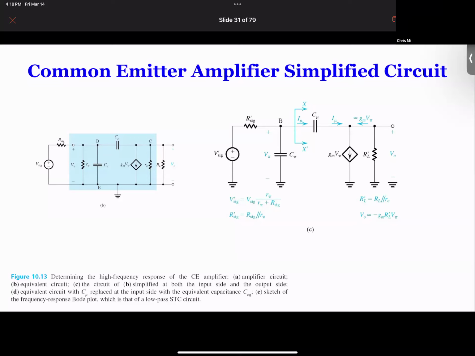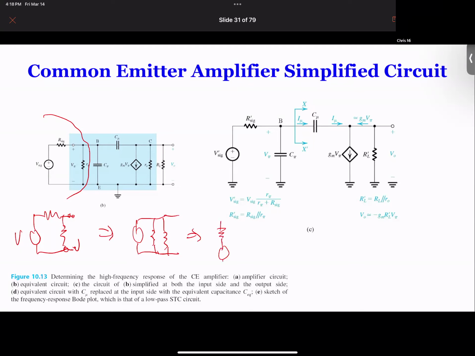So what happens is, with the voltage source in parallel with the resistance, that's the circuit over here. You can simplify this into a current source in parallel with the resistance, and then the original resistance here. And then you can convert this back with the resistance and the voltage source, right? So that's why you can do this.